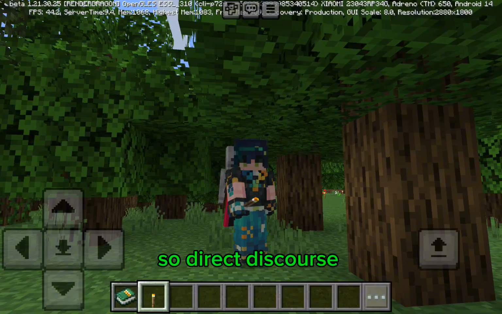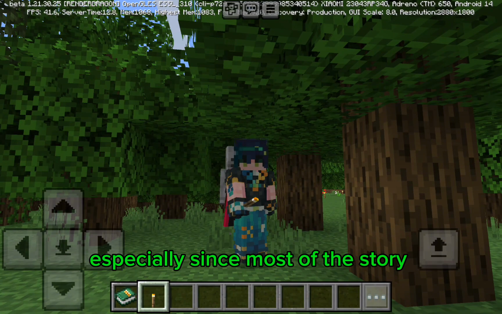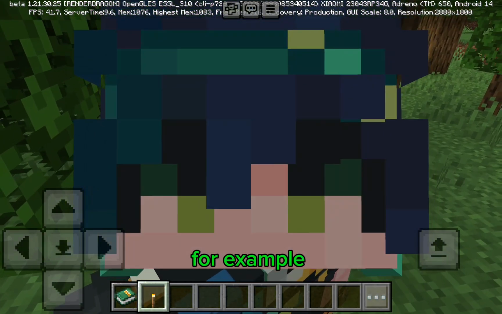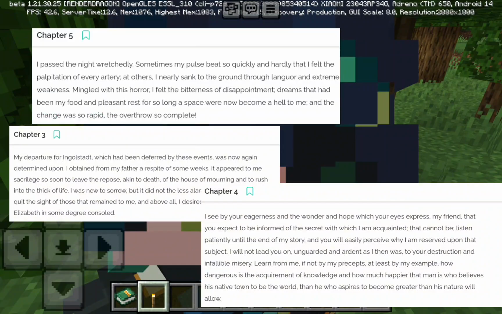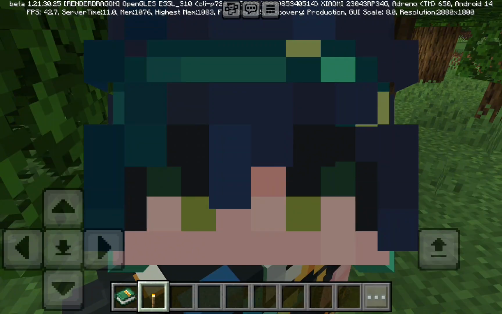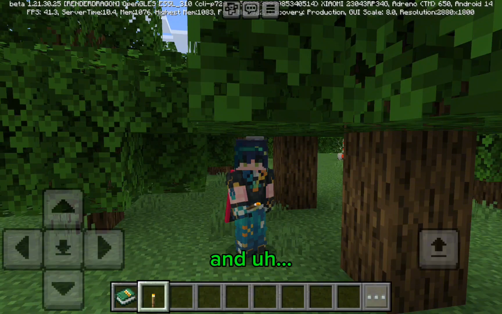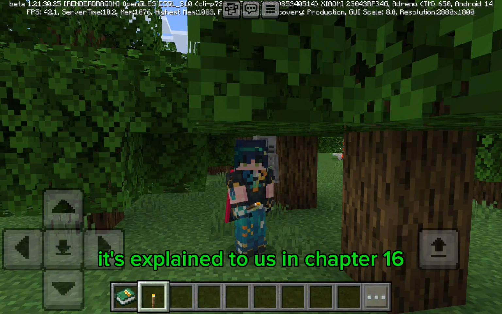Direct discourse is the dominant method used in the novel, especially since much of the story consists of first-person accounts. For example, Victor recounting his story to Walton, the creature narrating its experience to Victor, and from the creature's narrative, it's explained to us in chapter 16.